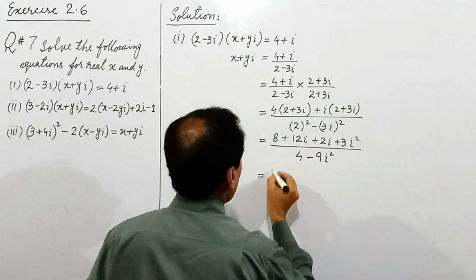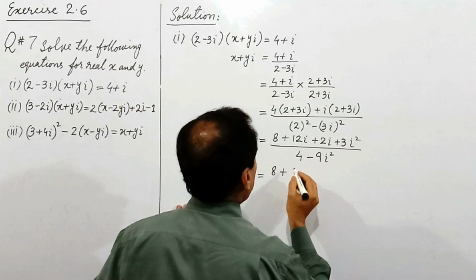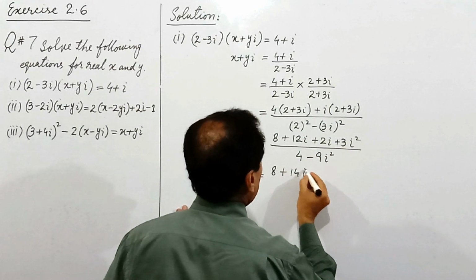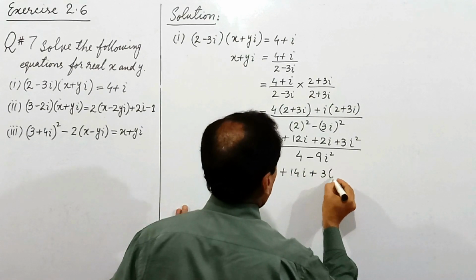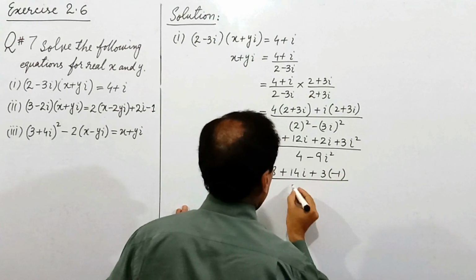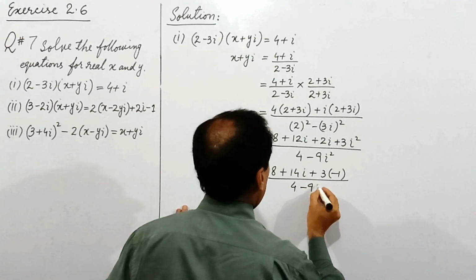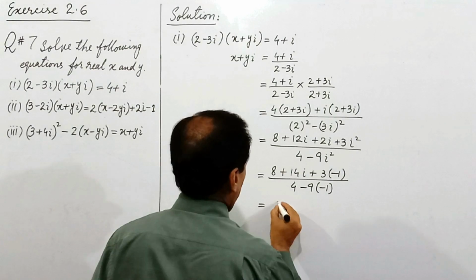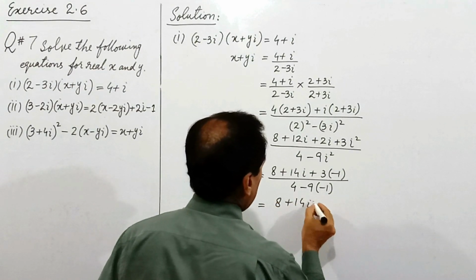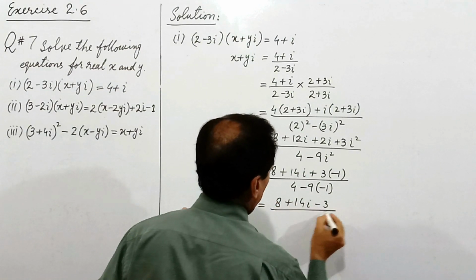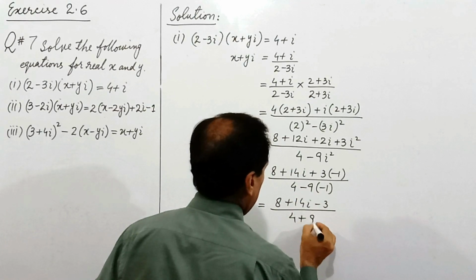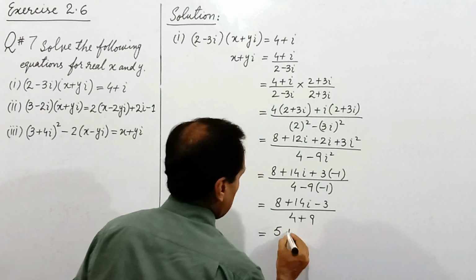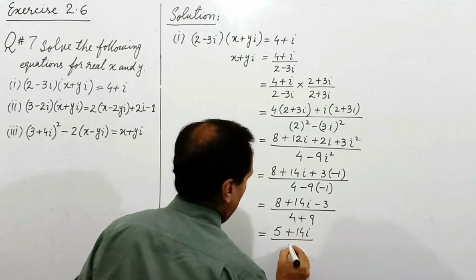We have 8, like terms having the same sign we add: 12 plus 2 is 14i, plus 3i squared which is minus 3, and 4 minus 9 times minus 1, that is 4 plus 9. So we get (8 minus 3 plus 14i) divided by 13, that is (5 plus 14i) divided by 13.